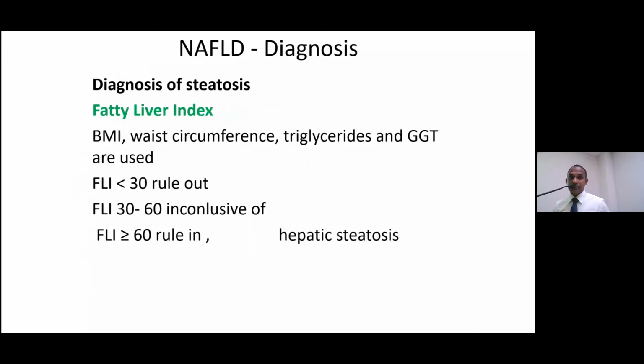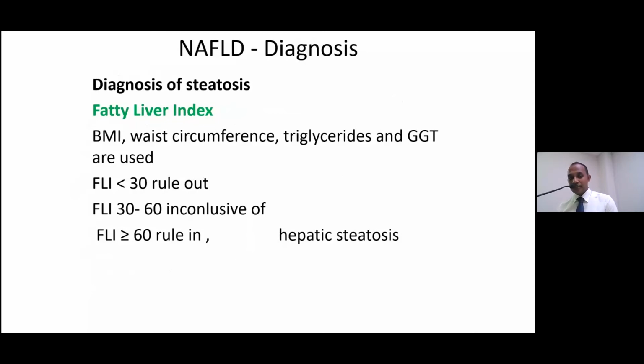So for the diagnosis of steatosis, we have already spoken about ultrasound and then these serological markers. The fatty liver index essentially considers a few things: BMI, waist circumference, triglyceride, and gamma glutamyl transferase. So it is very easy to calculate. A fatty liver index of less than 30 practically rules out steatosis.